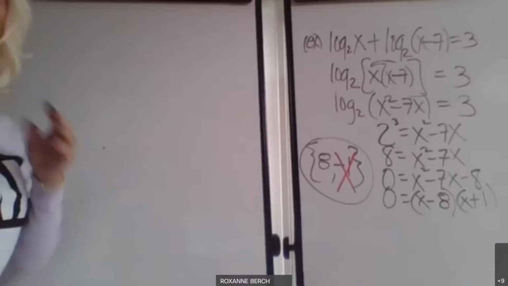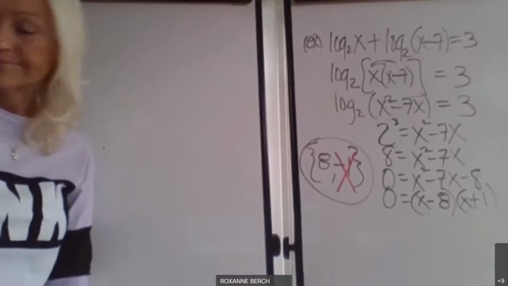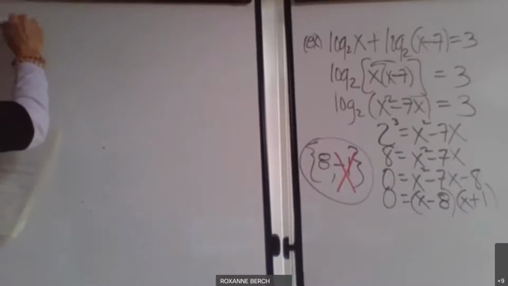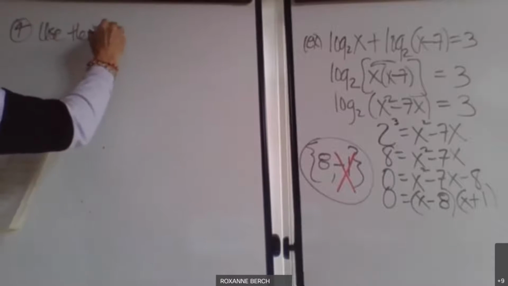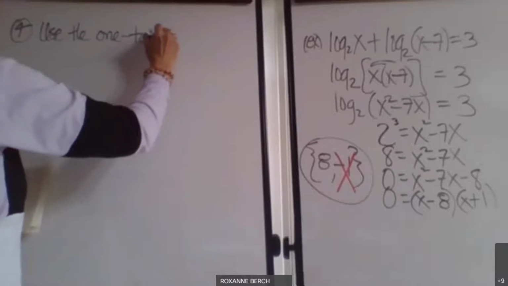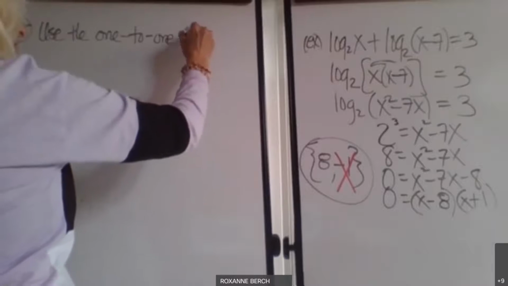Let's say I can only get 2 logs. This is the fourth objective. This is called using the one-to-one property of logarithms to solve.